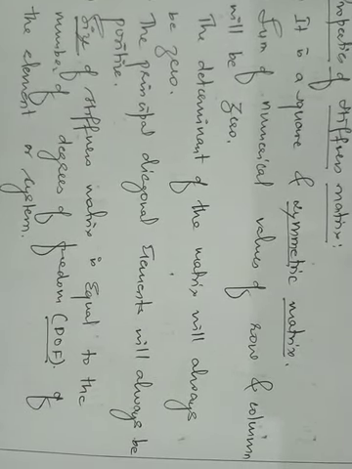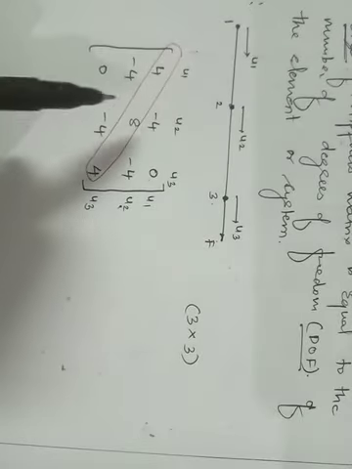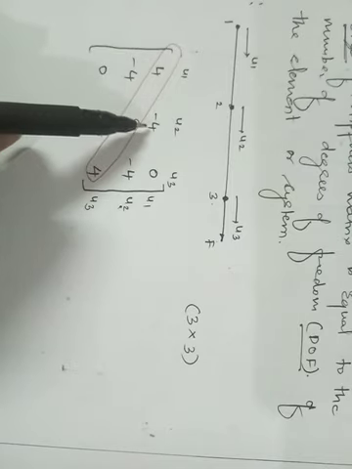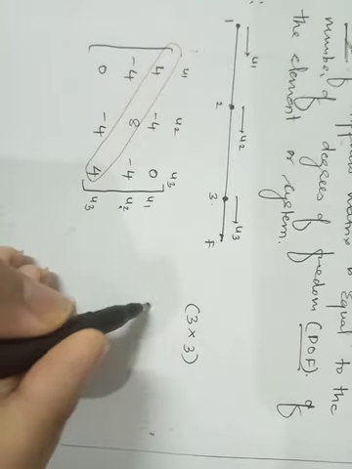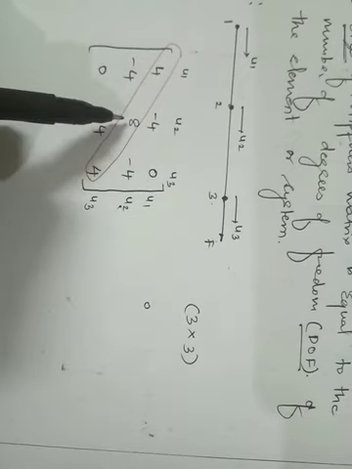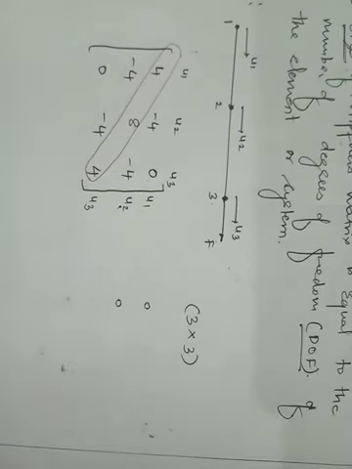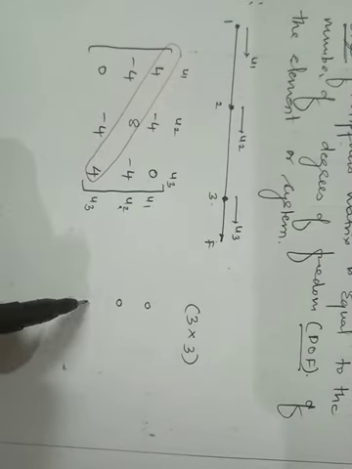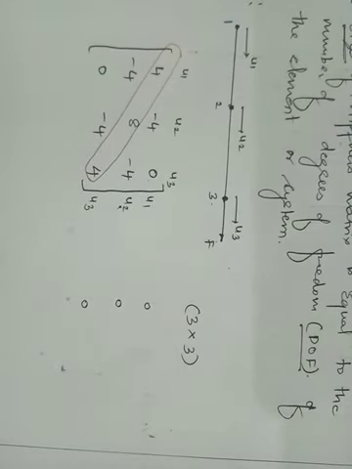The sum of numerical values of rows and columns will be 0. Now check it. Here it is 4 minus 4, you'll get 0. Then you have -4, 8 and -4, you'll get 0. 4 and -4 give 0. So all the rows sum to 0.